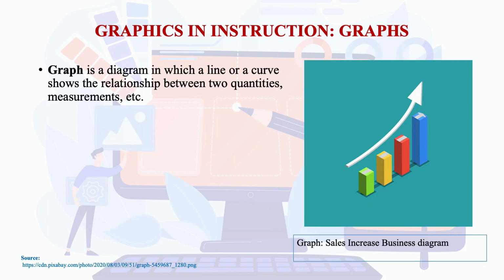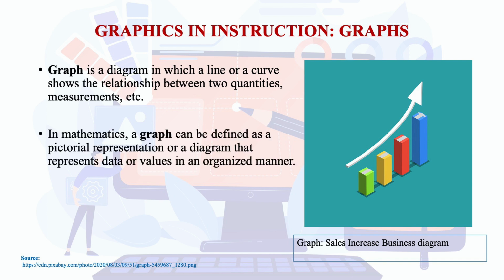So let's see another graph. It is a diagram which is a line or a curve that shows the relation between two quantities, measurements, etc. In mathematics, a graph can be defined as a pictorial representation or a diagram that represents data or values in an organized manner.